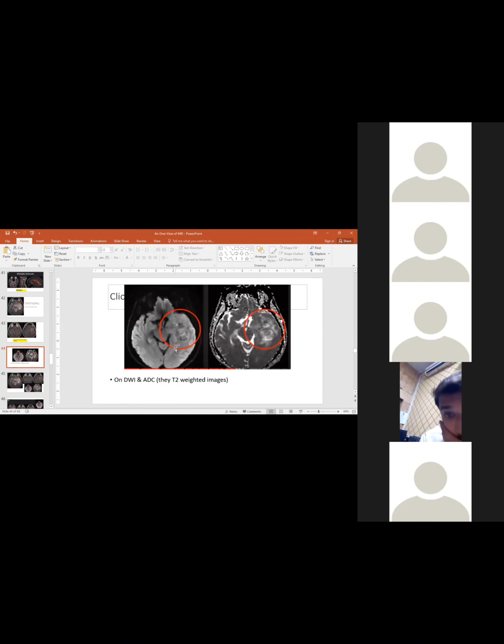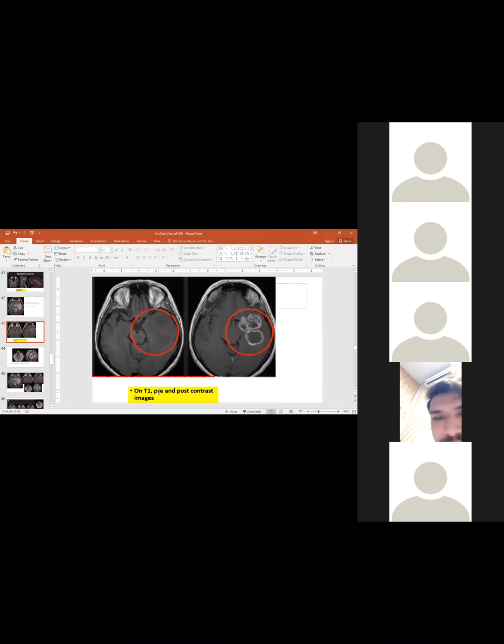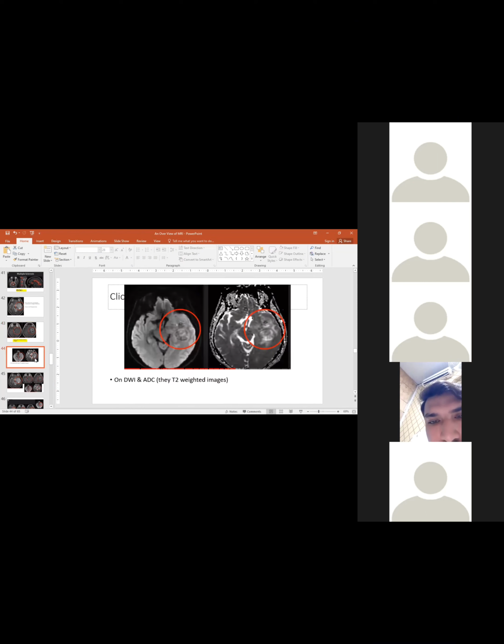And this is another sequence. This sequence was T1 weighted, pre-contrast and post-contrast. And these sequences are of T2 in the form of DWI and ADC. They are further subtypes of T2 weighted images.